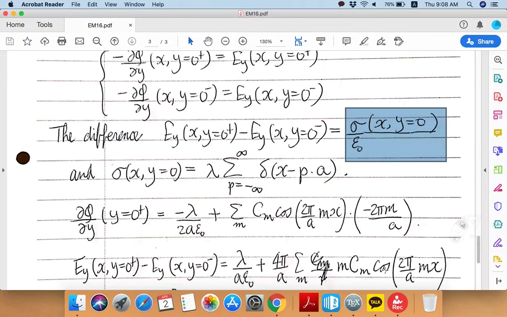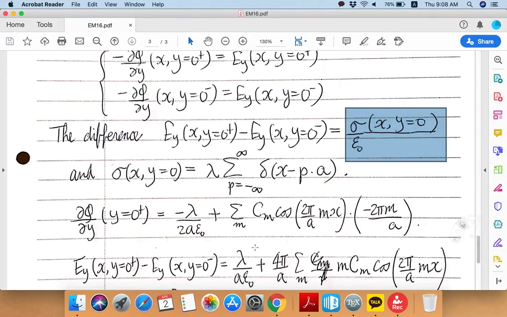So you can understand this condition by thinking back to the case of a uniformly charged plate with electric fields that are coming out on either side. So electric fields suddenly switch directions as it goes from one side of the plate to the other side. And so the electric field is discontinuously changing across the plate.